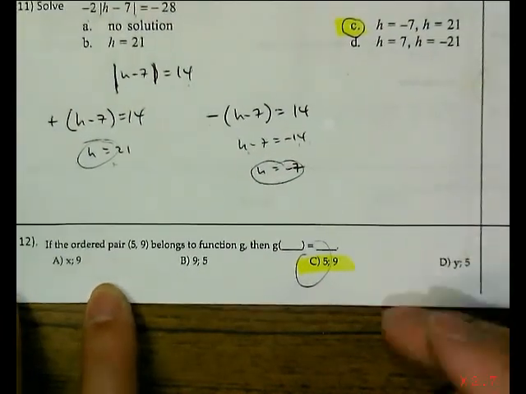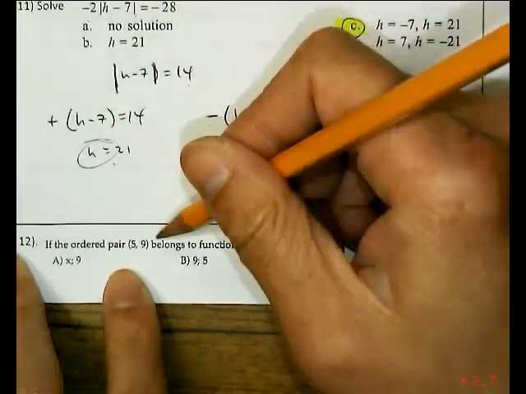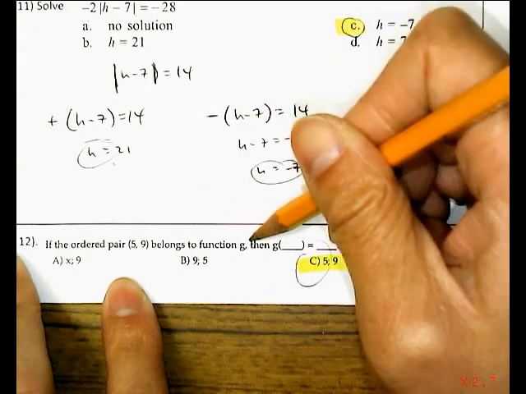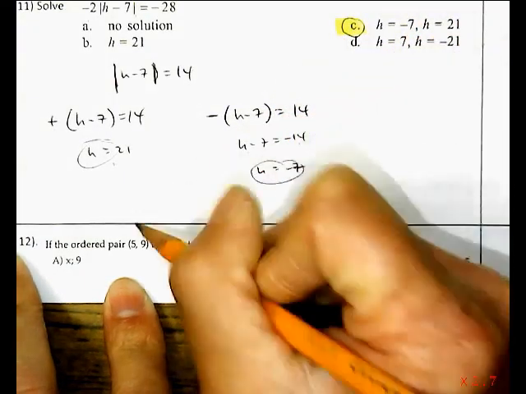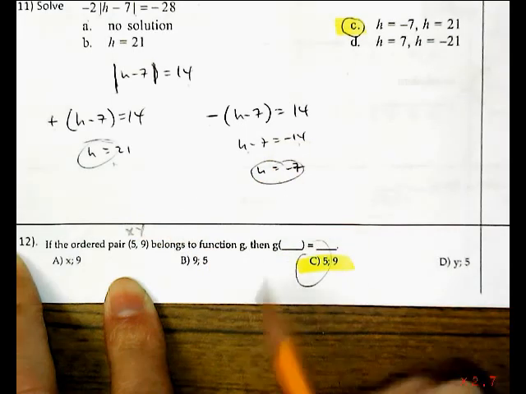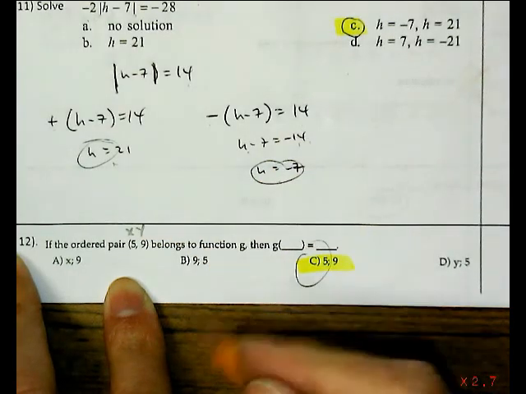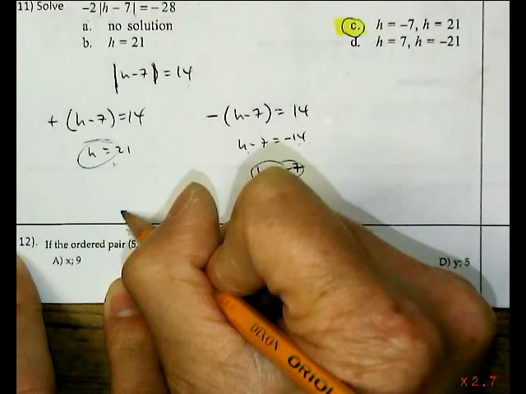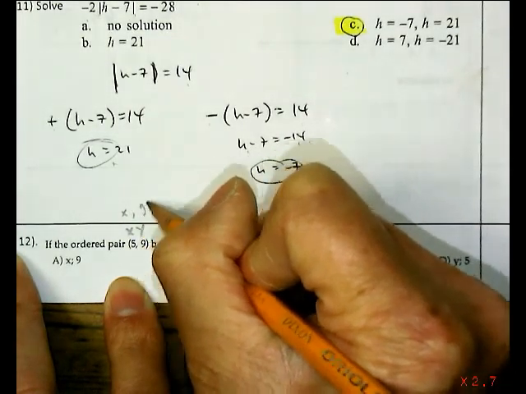Question number 12, if the ordered pair 5, 9 belongs to a function g, and g of blank equals blank. Well, remember, this is just a coordinate x, y, and a fancy way of saying y, in this case we'll call it g of x, comma g of x.